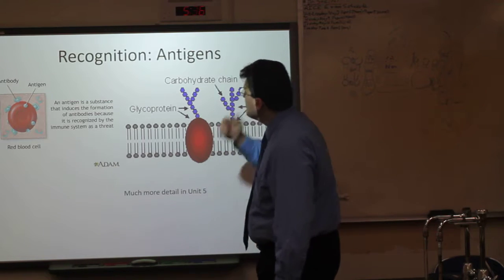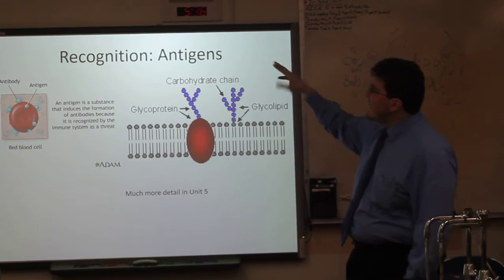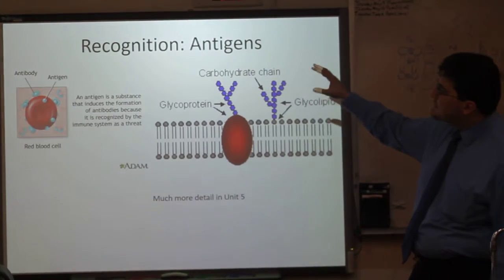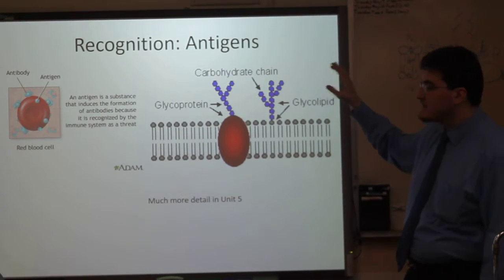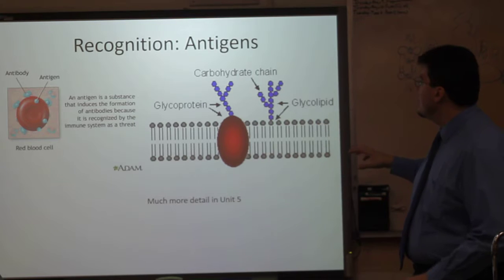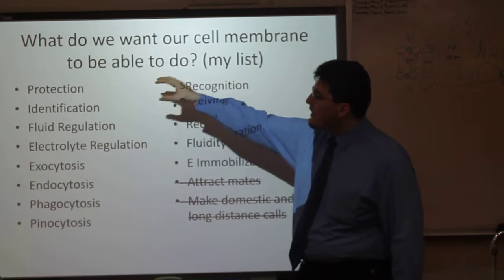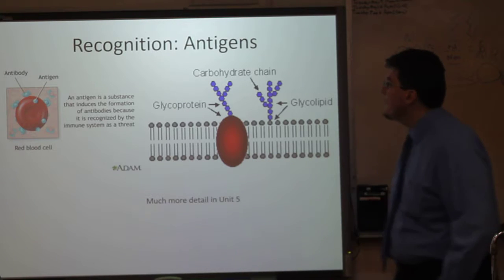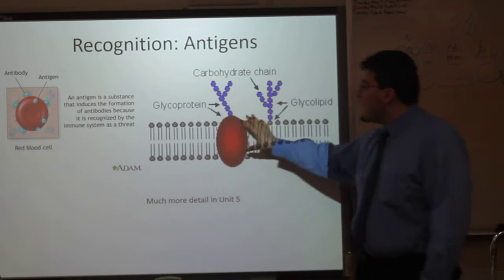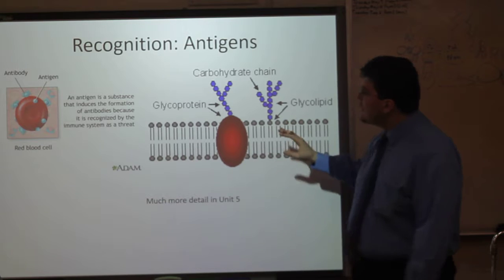So, as far as antigen recognition is concerned, this is part of cellular recognition and cellular signaling as far as identification is concerned. So you'll have your glycoproteins, and you'll have your glycolipids.